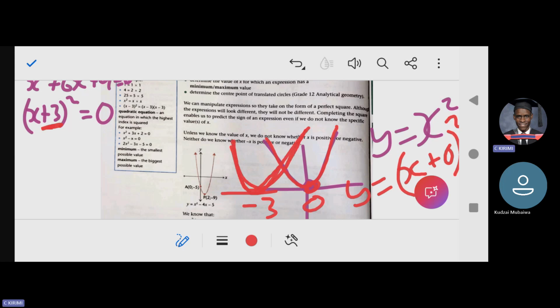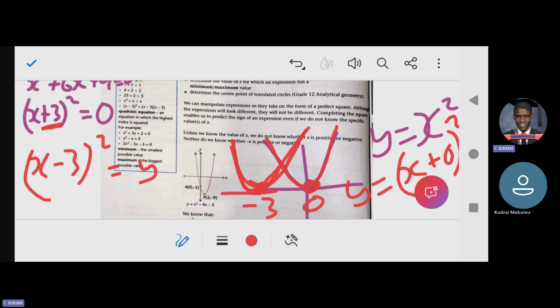And then if I want to push it to the right, you say (x minus 3), then you square it. Can you see? Yes, sir, now I understand.